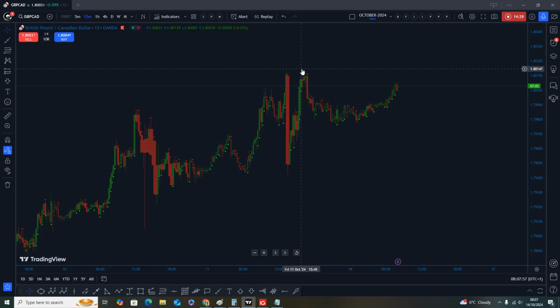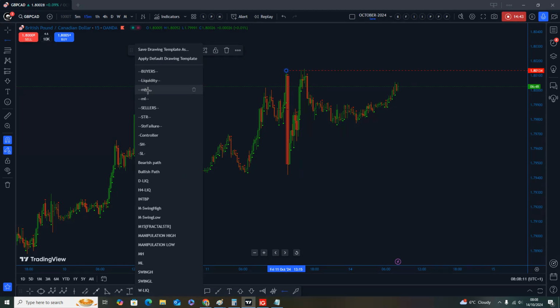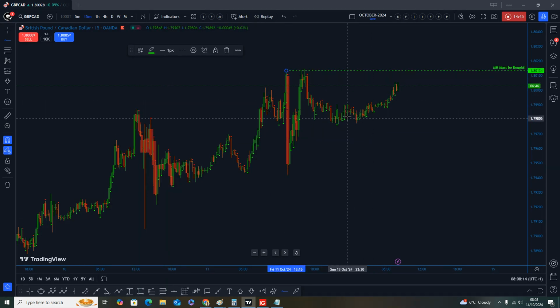Okay, so we've come above this momentum high slightly. I'm going to use this. This is a momentum high here. Okay, and we've come above it slightly.